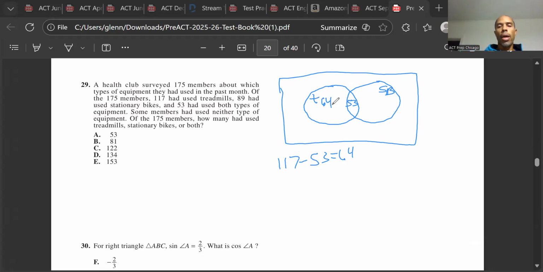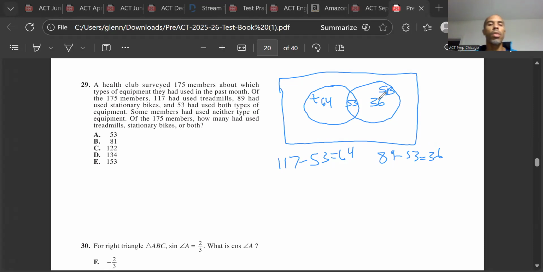If we do 89 minus 53, we get 36. So that means 36 people only use stationary bikes. You follow?